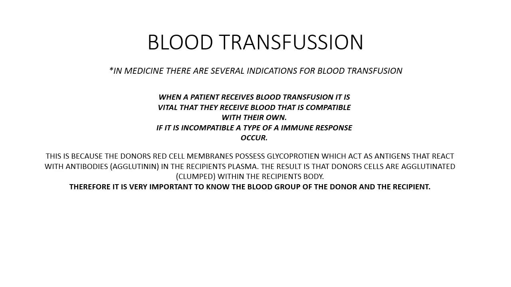This is because the donor's cell membrane possesses glycoproteins which act as antigen that react with antibodies, agglutinin, in the recipient's plasma. The result is that donor cells are agglutinated, clumped within the recipient's body. Therefore, it is very important to know the blood group of the donor and the recipient before a blood transfusion.